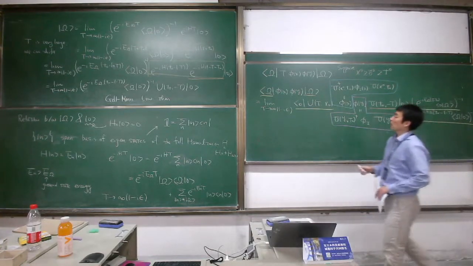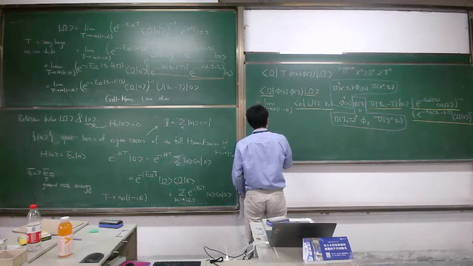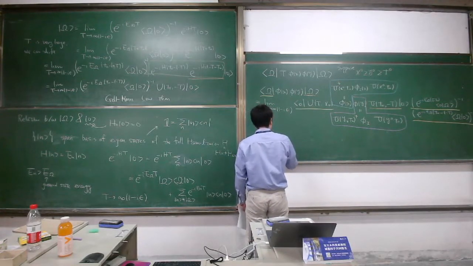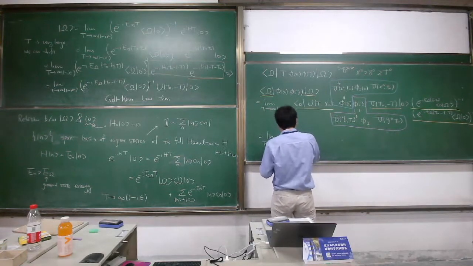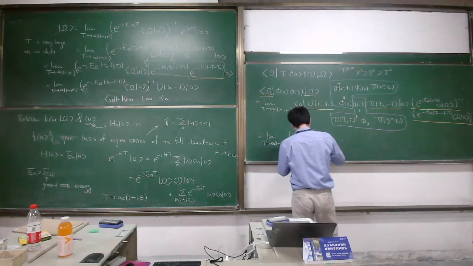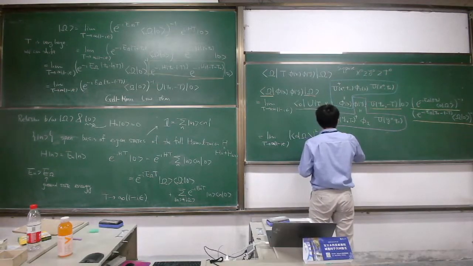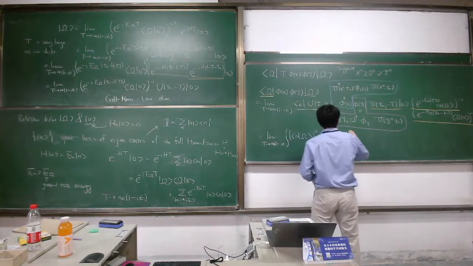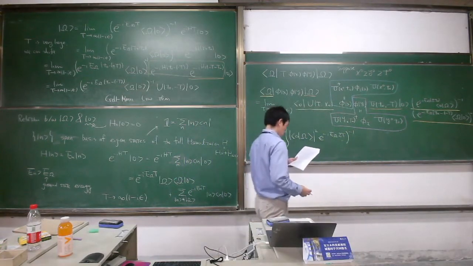So the overall factor is indeed the limit of T goes to infinity of 1 minus i epsilon, 0 omega squared, e to the minus i E omega t inverse. That's the overall factor. It's not important.